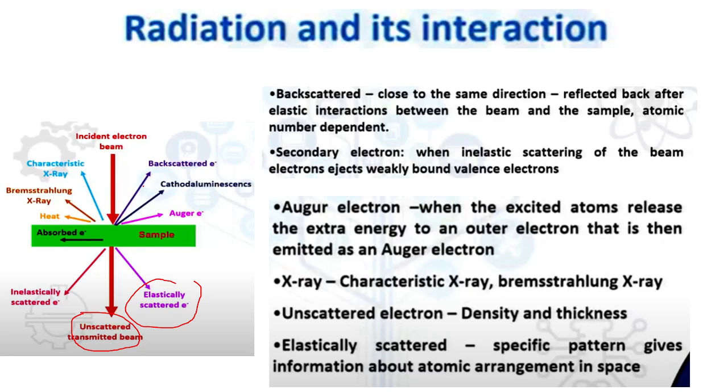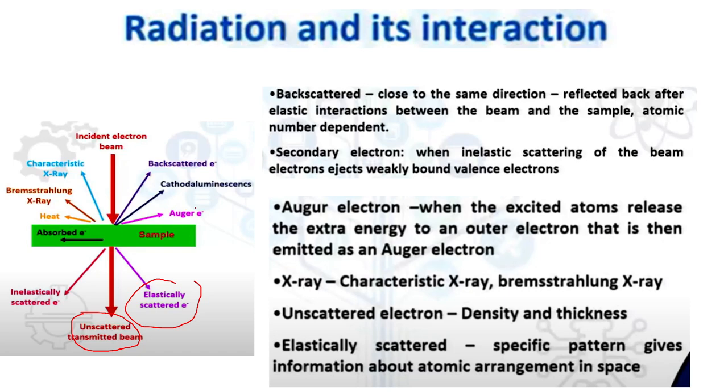Another type of phenomena that can happen is the emission of secondary electron. Secondary electrons come out when inelastic scattering happens, that means not the total energy of the incident beam is transferred to the sample.